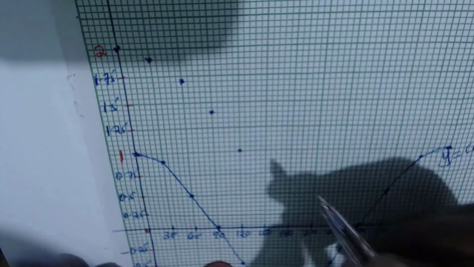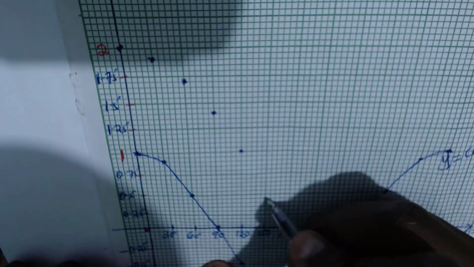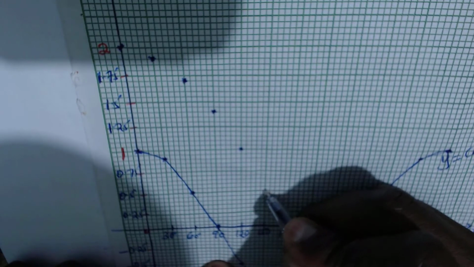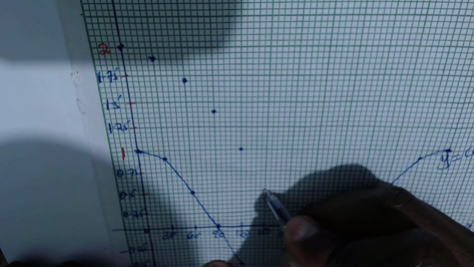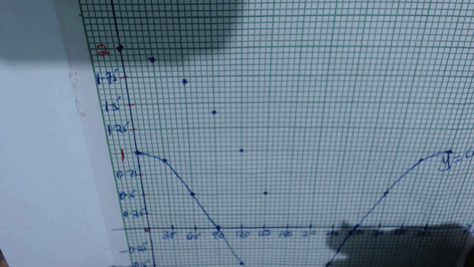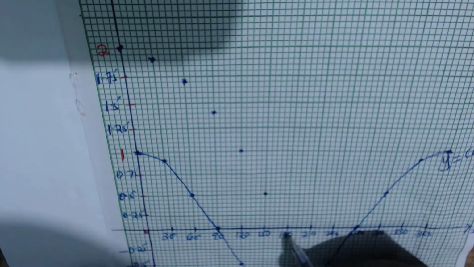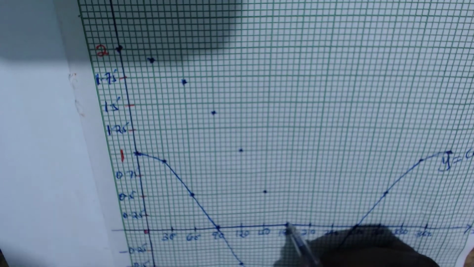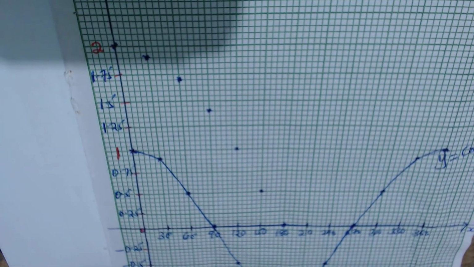150 is 0.52. So we approximate that to 0.5. So 150, 0.5. 180, 0.